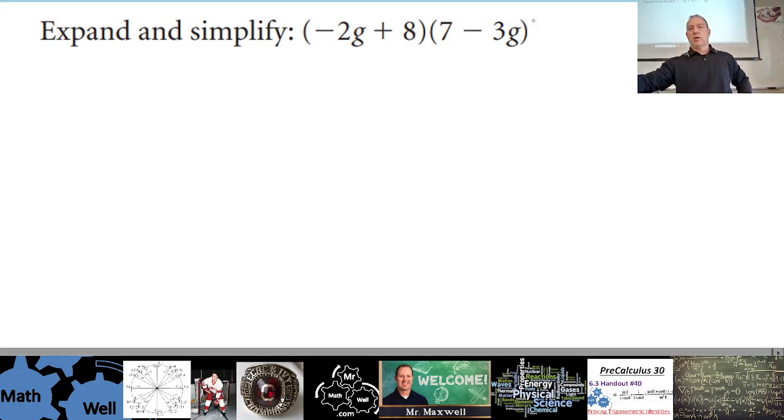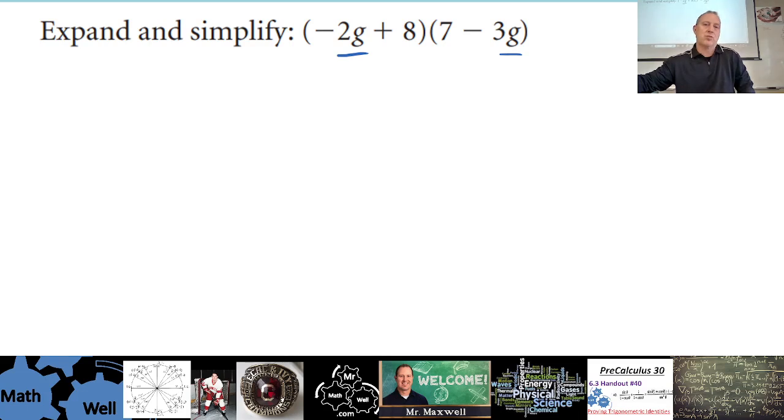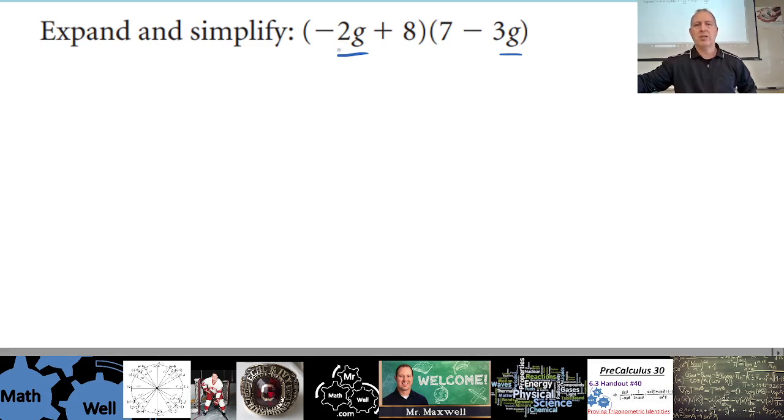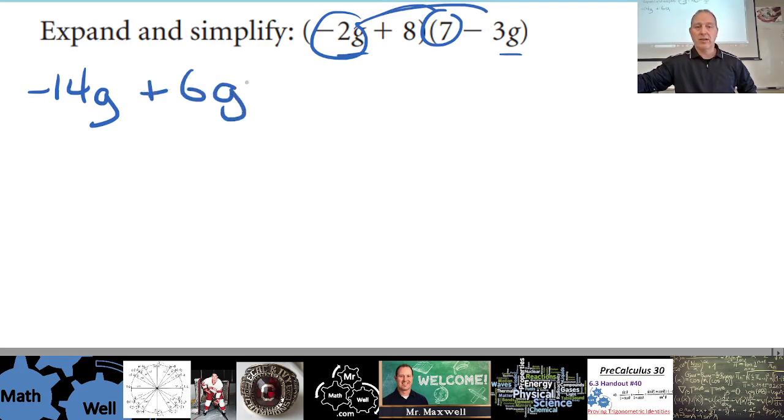So let's do this one more time. The variable terms are kind of messed up a little bit. This is a little bit tricky, but let's expand this one and simplify. So this is going to be negative 14g when I multiply the firsts. Outside is going to be positive 6g squared. Everyone see that?